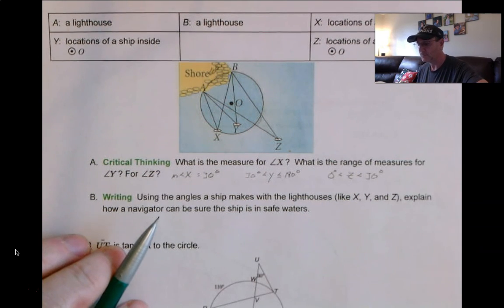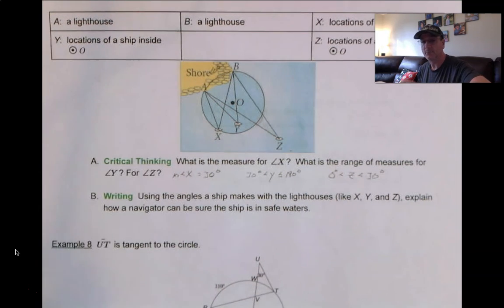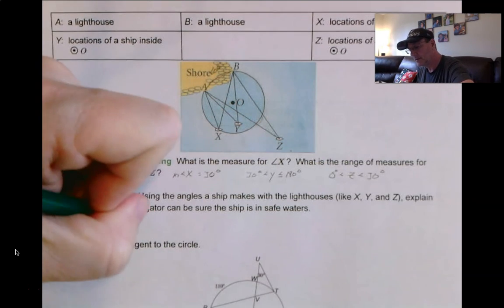Using the angles a ship makes with the lighthouses, like X, Y, and Z, explain how a navigator can help make sure that the ship is in safe waters. So the navigator is going to measure the angle between the two lighthouses, and as long as the angle between the two lighthouses from where they are on their ship is less than 30 degrees, between 0 and 30 degrees, they are in safe waters.